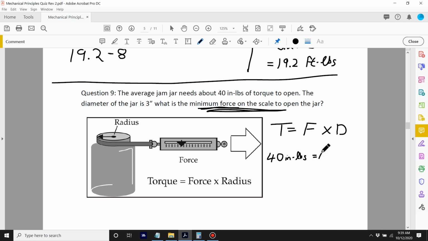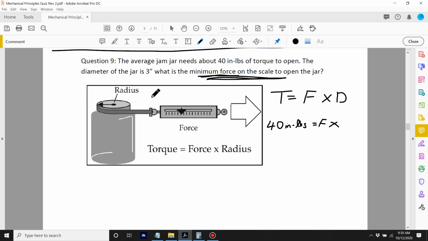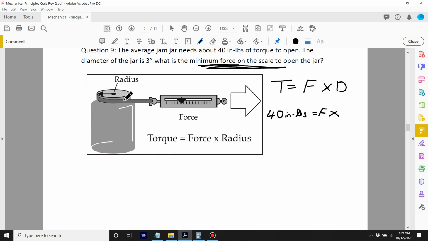We don't know that. We want to know the minimum force times the distance. Now, the diameter of the jar is 3 inches. If we look at this jar from the top down, it looks something like this.